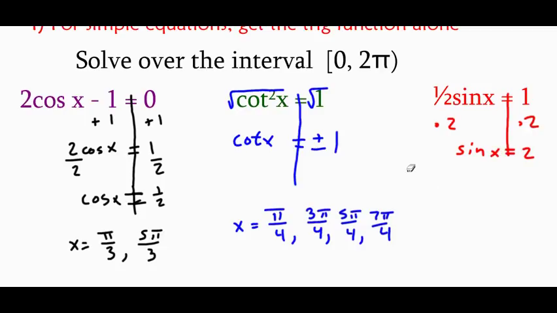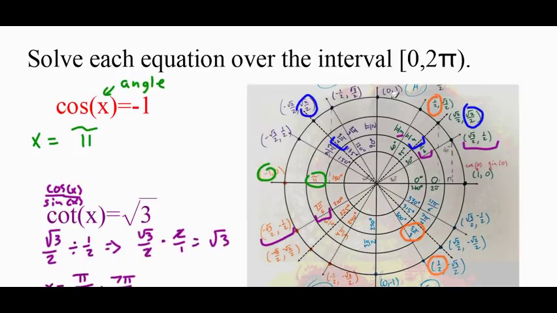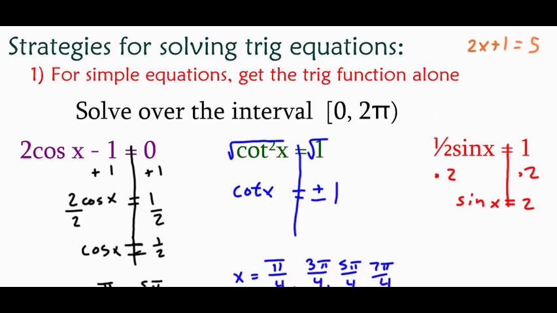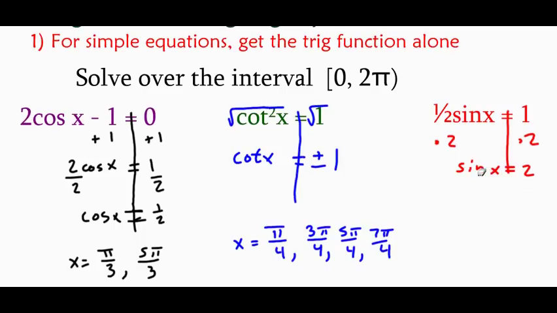Well, if you look at the unit circle, the highest sine value I have is right here at 1. There is no such thing as sine of an angle giving us 2 because our unit circle is limited to 1. Since that is the case, it is impossible for us to get an angle that gives us a sine of 2. So we say no solution.